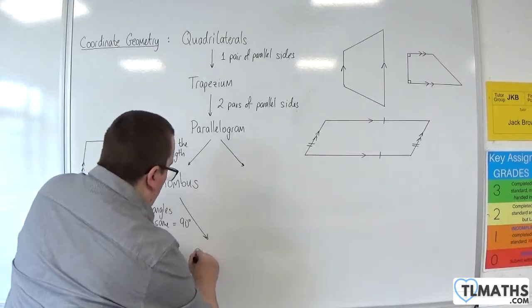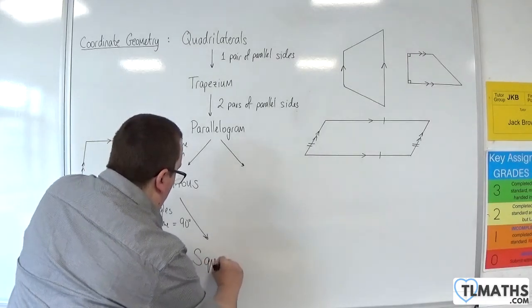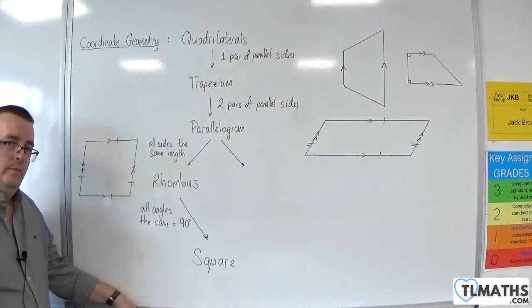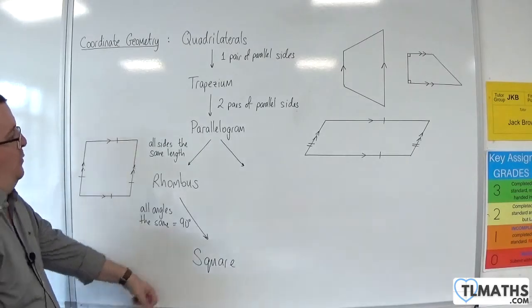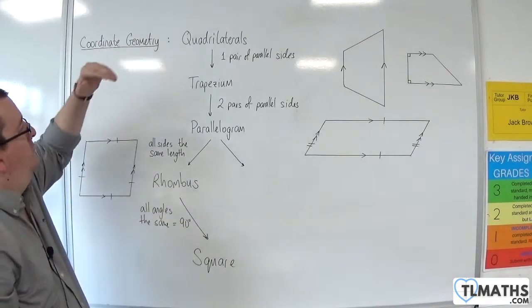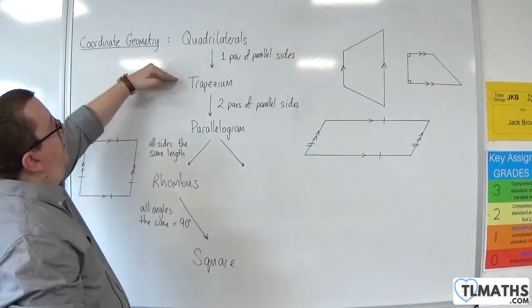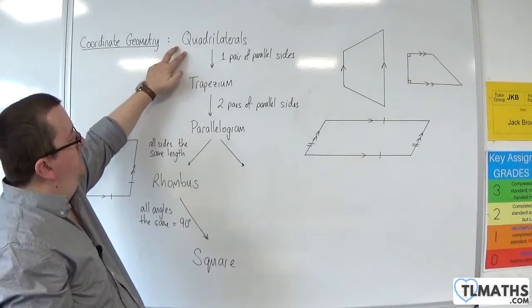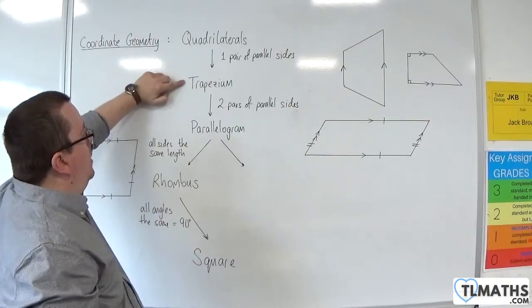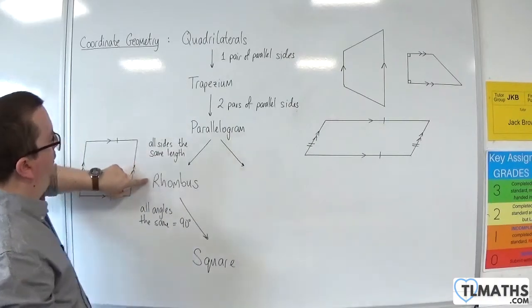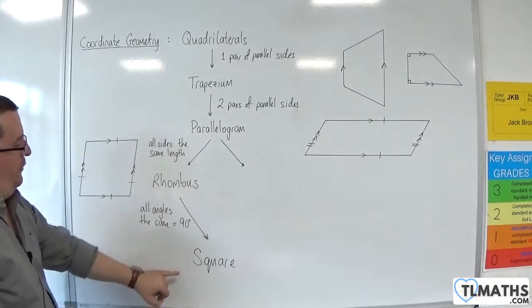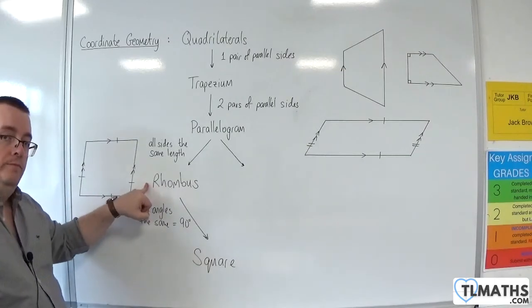And of course, we would have the square. Okay? So let's start from the top, right? The trapezium is a special case quadrilateral. The parallelogram is a special case trapezium. The rhombus is a special case parallelogram. The square is a special case rhombus. Okay?